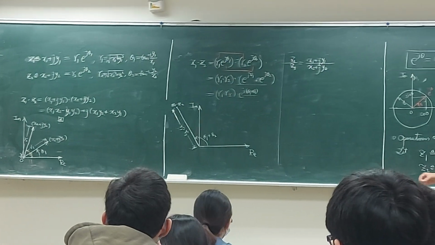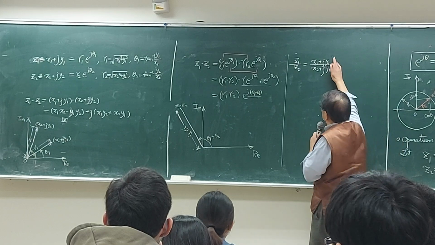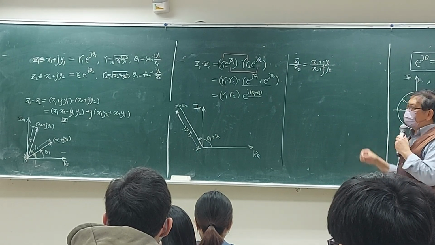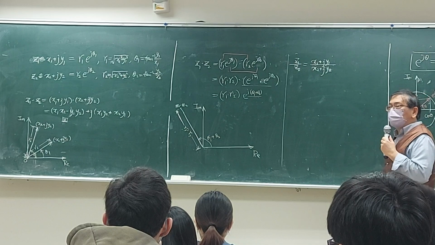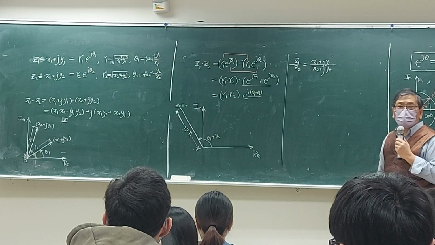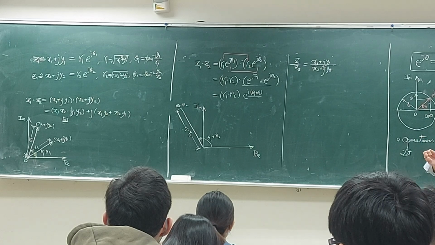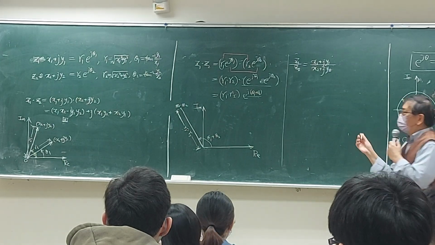You have the division, the ratio of two complex numbers. How do you compute the ratio? Usually, how should we do here? We multiply what?